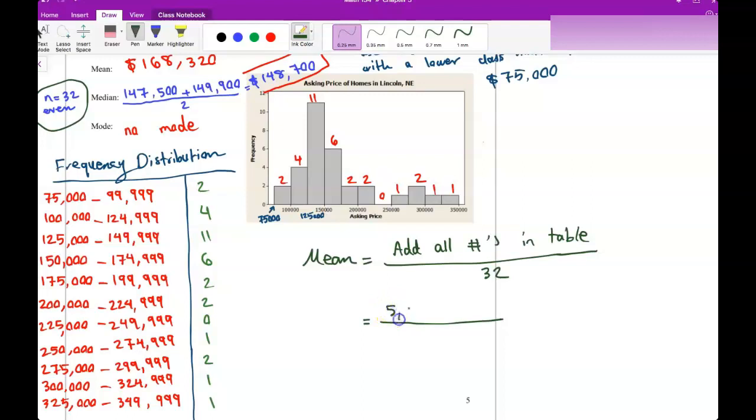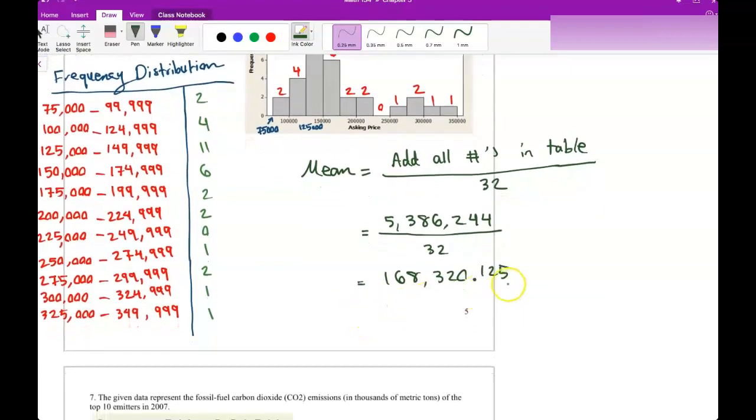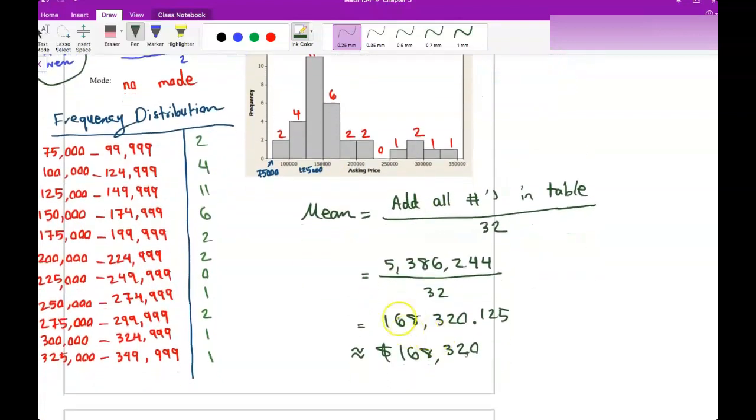That is 168,320.125. Since it is in dollars, I'm going to round to the nearest cent, so 168,320. So we got that number here.